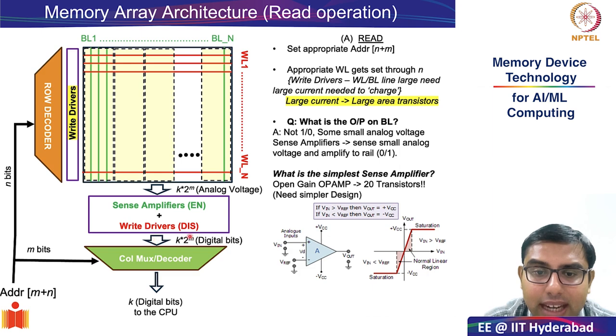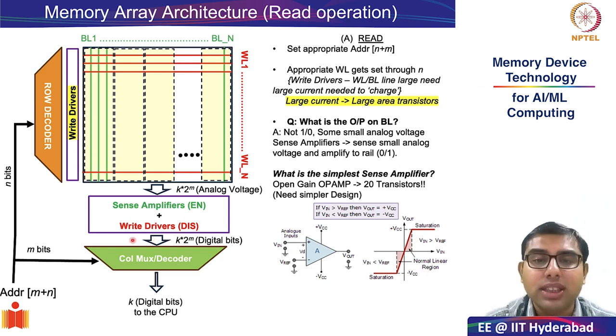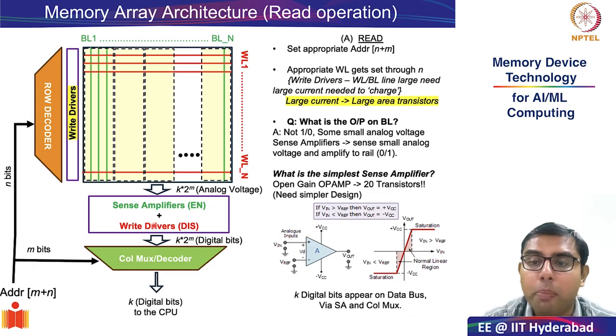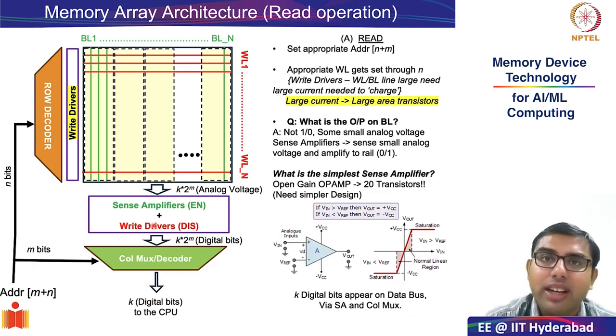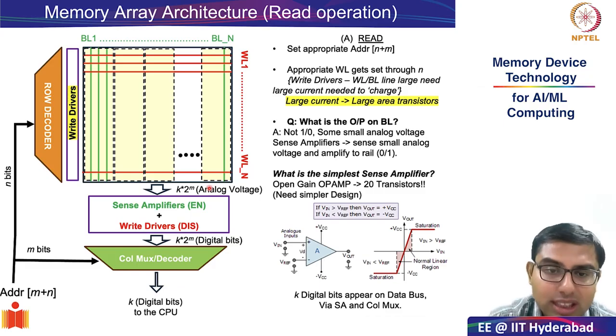Also, you see that there is something called write drivers, which in the read cycle are disabled. What these write drivers are, we will look at in the next portion. So as a result, these k into 2 to the power of m analog voltages are fed into equivalent sense amplifiers.